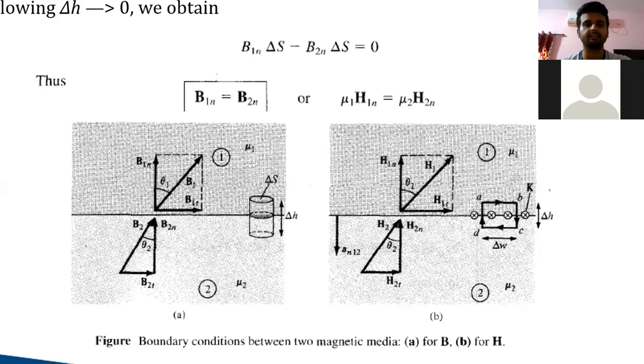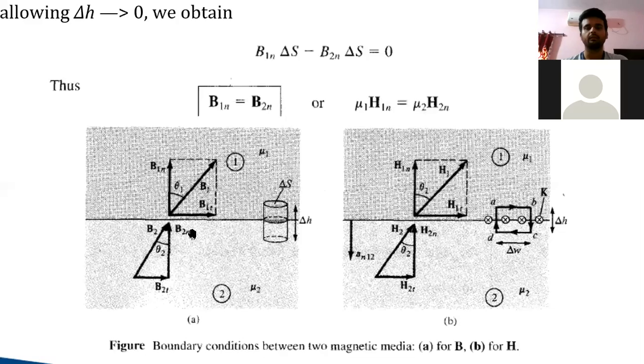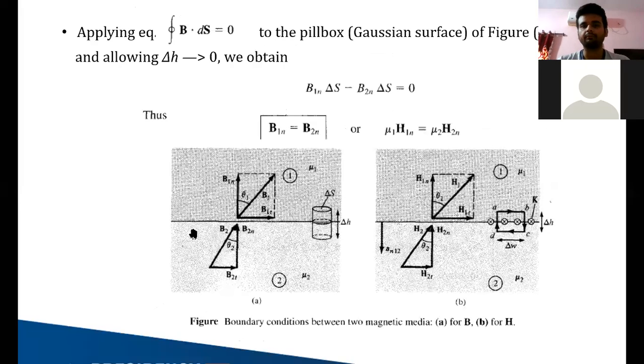So two different media are there, and in both the media the magnetic field is different. As you can see here, it is B1 and B2. Now just recall what I had taught in electrostatics.